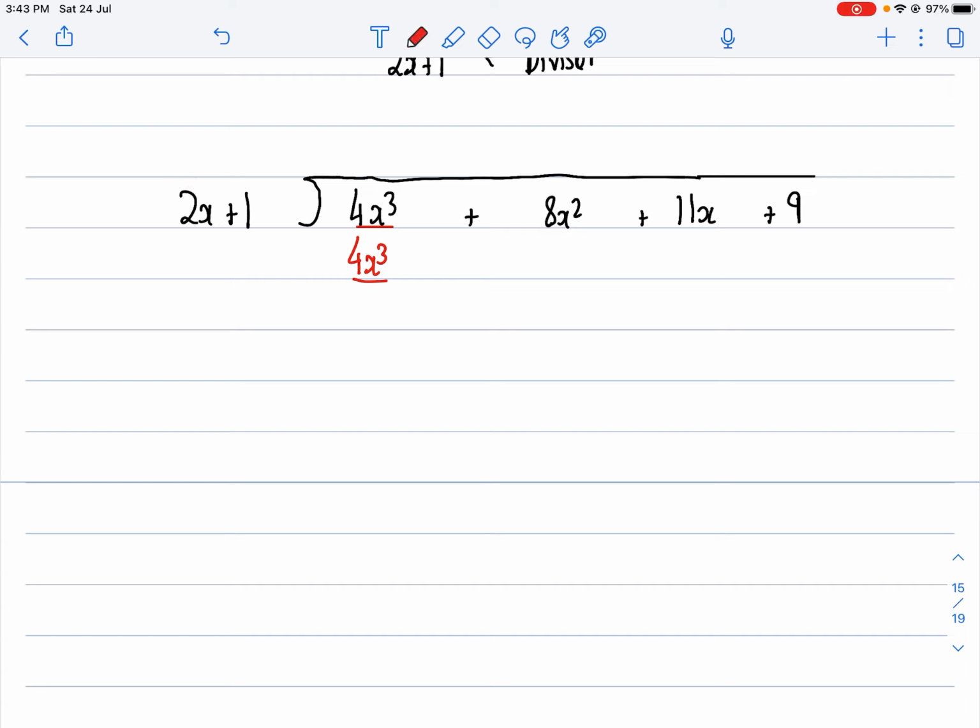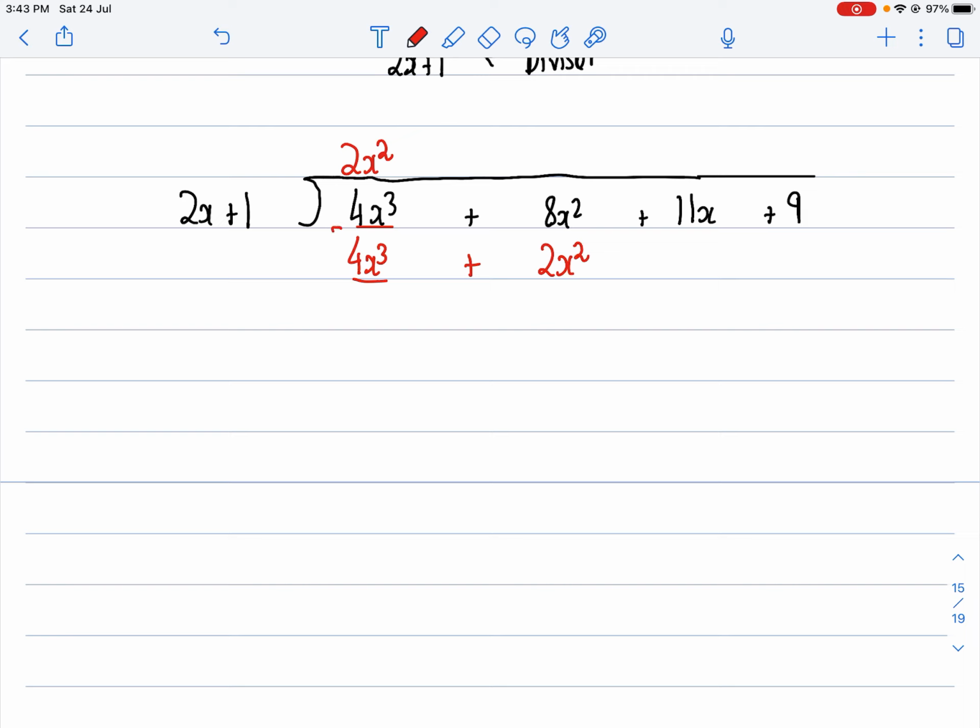If I multiply 2x by 2x square, I'll get 4x cube, because 2x into 2x square is 4x cube. Then I do 1 into 2x square, which gives me 2x square. So I simply get plus 2x square.